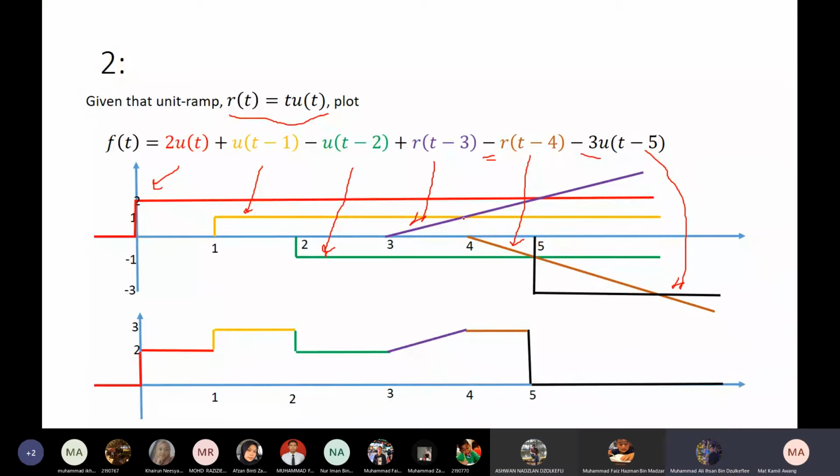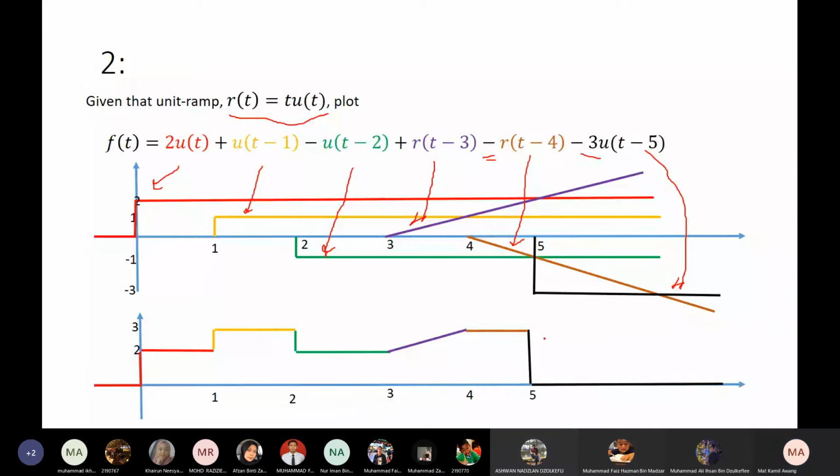This ramp. Then after that, why is this one flat? Because this ramp, you see, starting from here one is going up and one is going down, so they cancel each other. The slope is the same but in a different direction, so the slope is equal to 0. So you get a flat one.